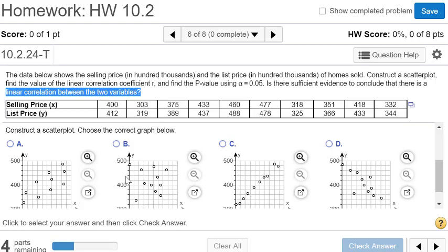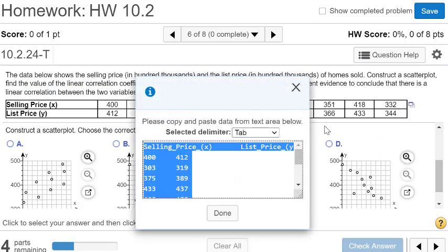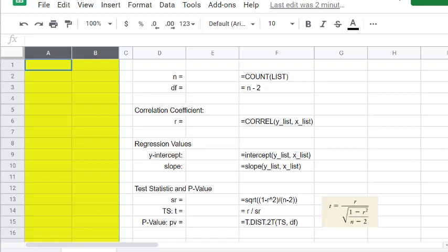Next, they want us to find a scatter plot, and so what we'll do is copy this into our clipboard and paste it onto our Google Sheets.